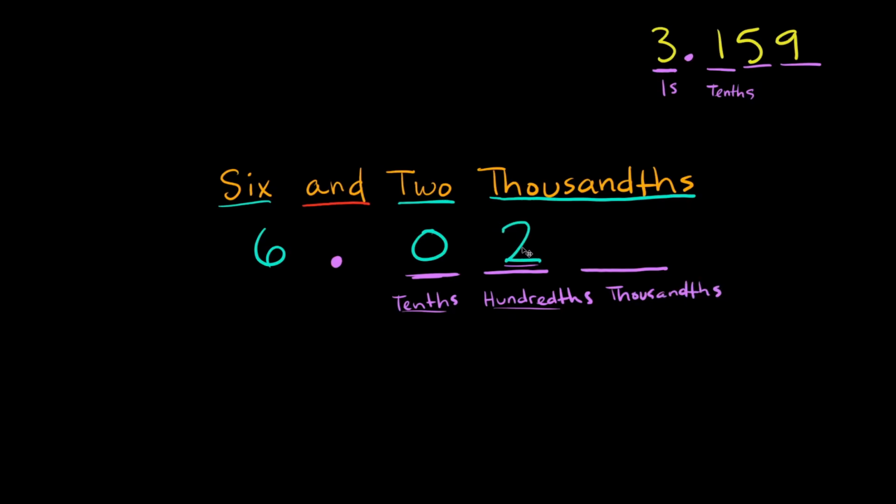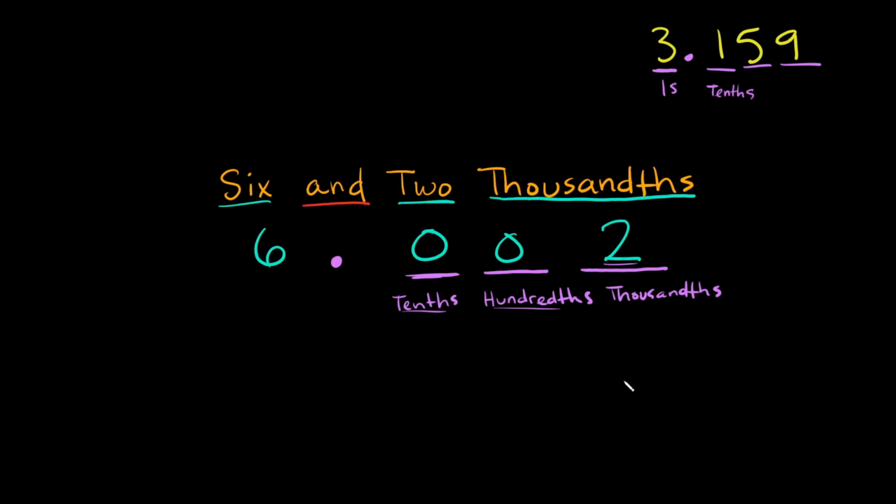Okay, so this 2 has to move over one more time again. Now it is in the thousandths place. And again, since we don't have anything in the hundredths place anymore, we would just put a 0, okay? So this problem right here, 6 and 2/1000ths, you would write it as 6.002. Okay, so I'm hoping you kind of get the gist of how these work now.